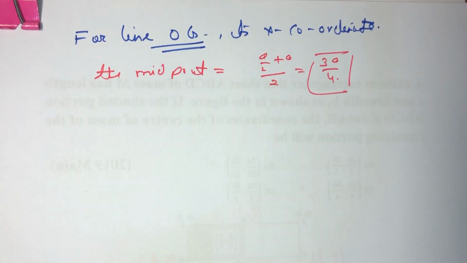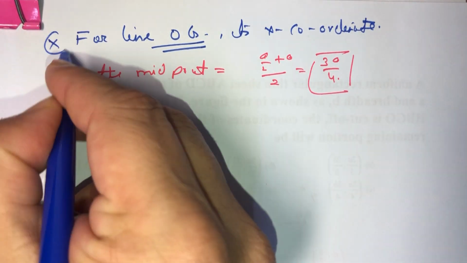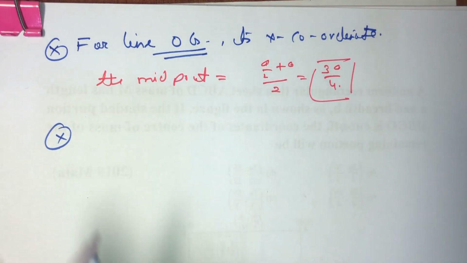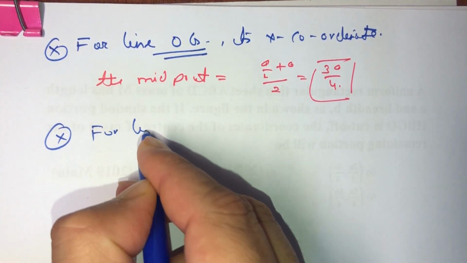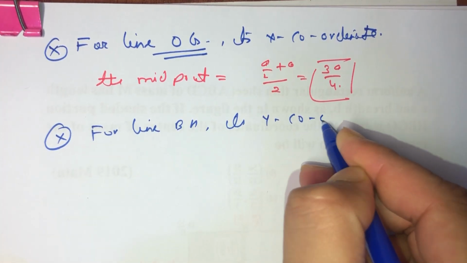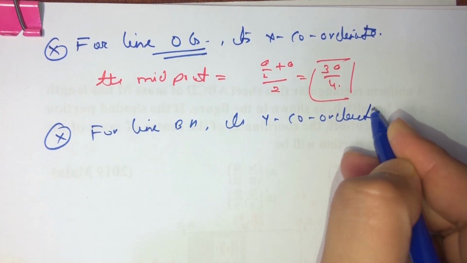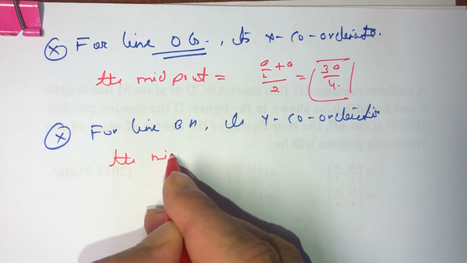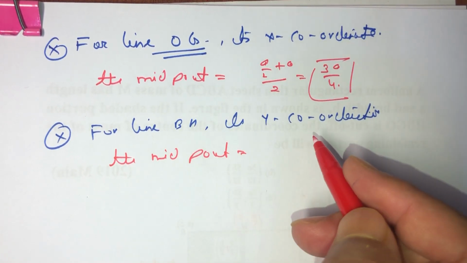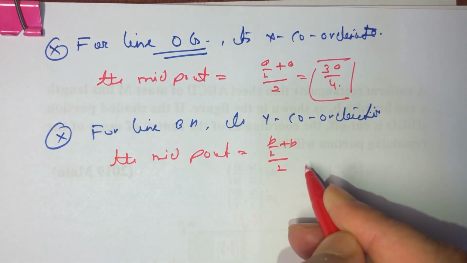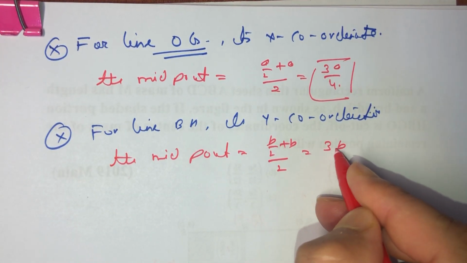And for line OH, the y coordinate of the midpoint will be B by 2 plus B divided by 2, which is also equal to 3B by 4.